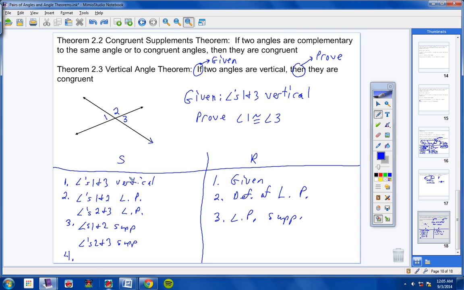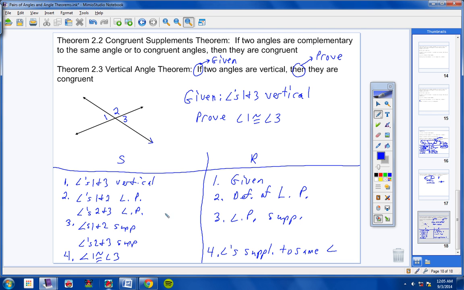And so based on that last theorem that we learned, you can state that angle 1 is congruent to angle 3. And what would you put for a reason? I would just put angles are supplementary to the same angle. That's your reason. And we just learned that. If two angles are supplementary to the same angle, then they're congruent.